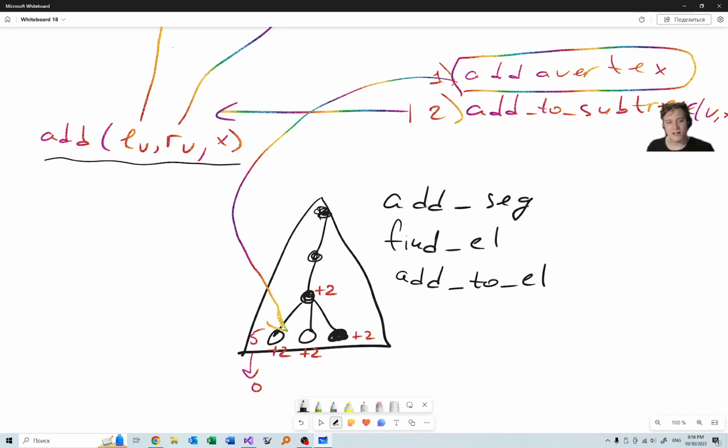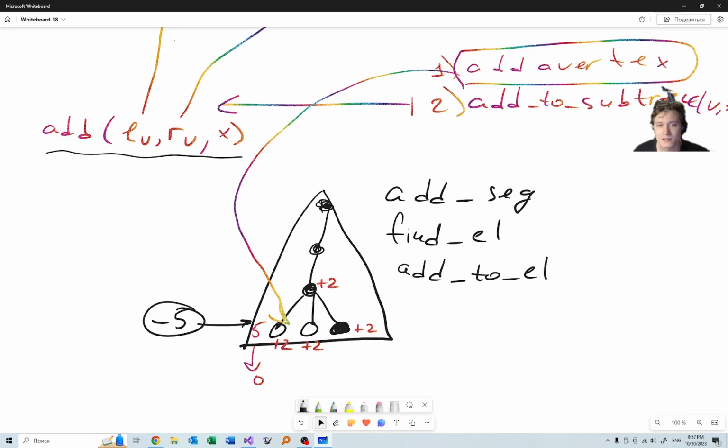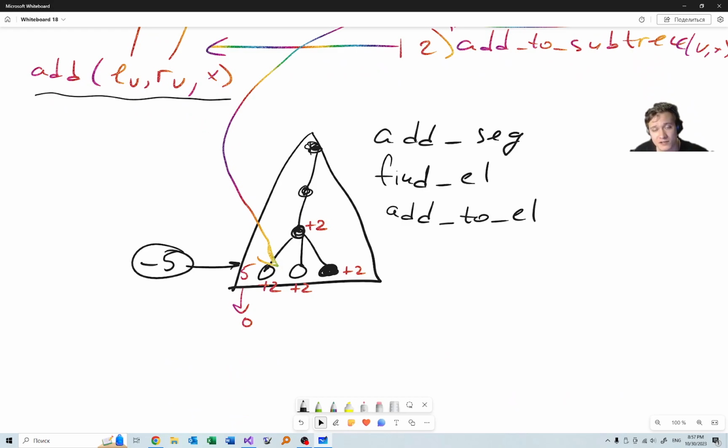For example, if it is 5, then we need to find this 5 and add -5 to this number. Okay? This can be done with a pretty standard segment tree. Nothing really hard here.